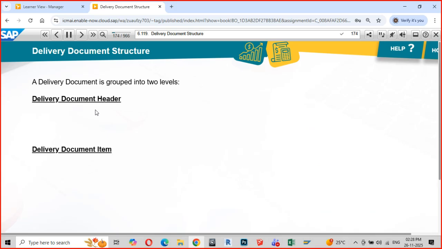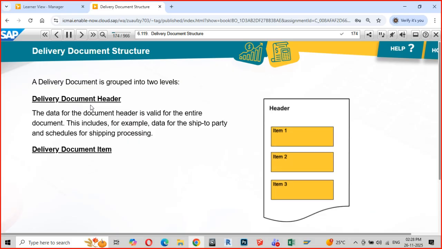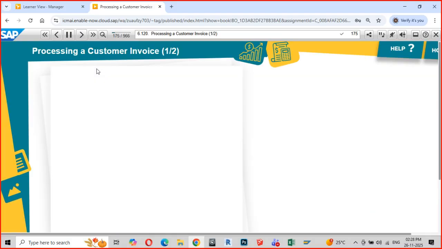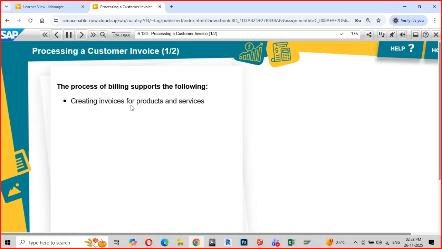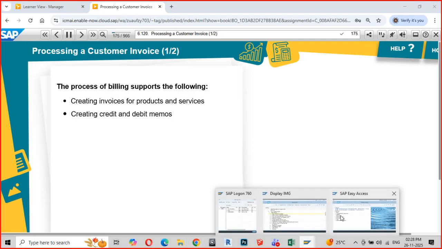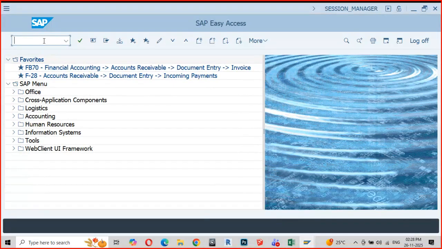You already know about it, document header and the document ID. The same thing holds good for any kind of document generated by any of the modules. Did we see VF01, which is your billing?